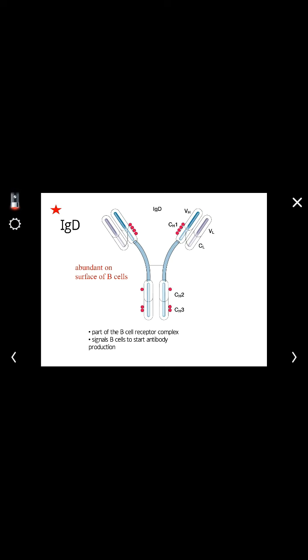It signals B cells to start antibody production. So write that down: IgD, abundant on the surface of B cells. It's kind of curved, but you see the same basic structure here. It is part of the BCR complex, and it signals B cells to start antibody production.